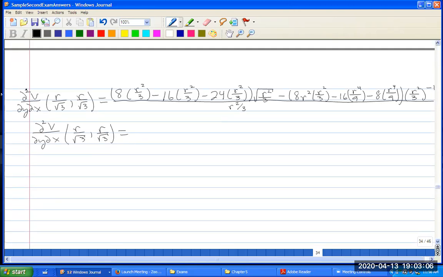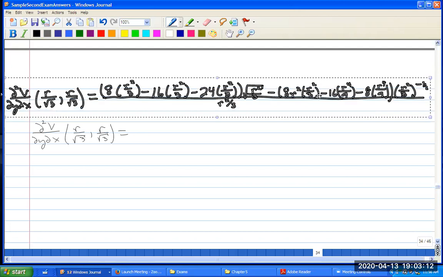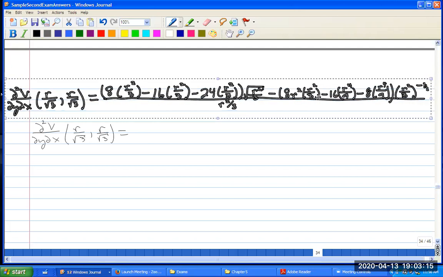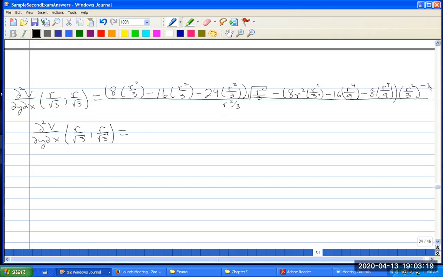This doesn't look like a minus 1/2 right now. Here, wait 1 second. Oh, I see. Okay, so I can't go that far. Okay, so I'll just leave it like that.